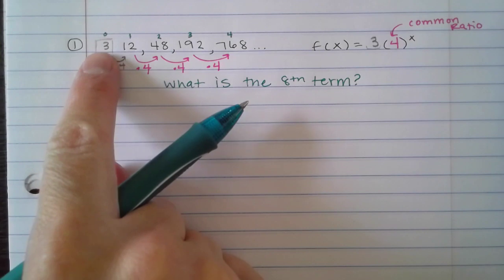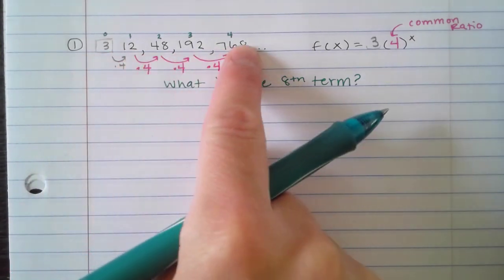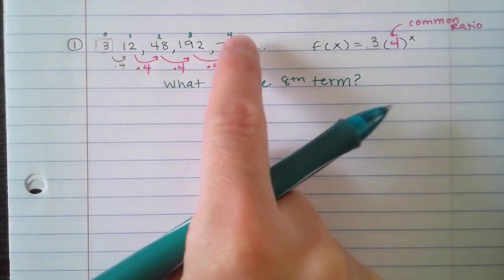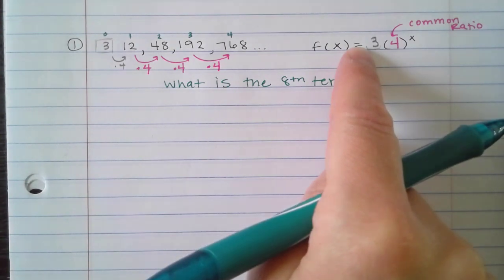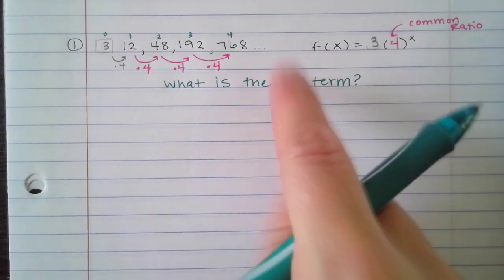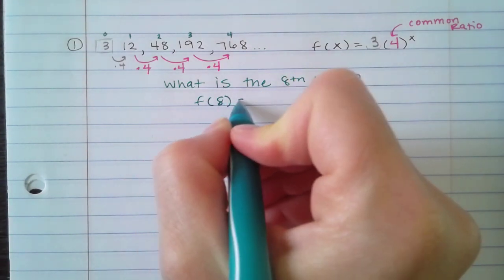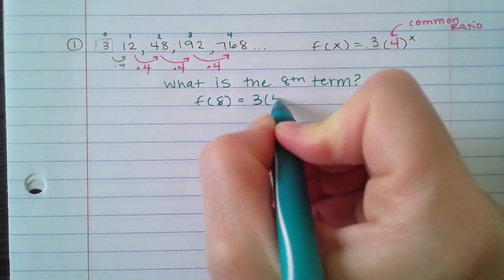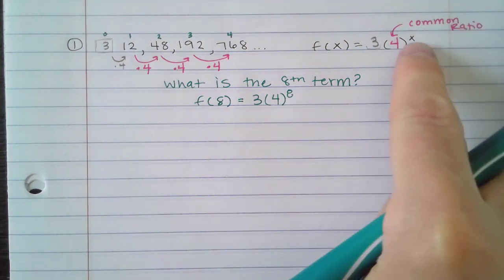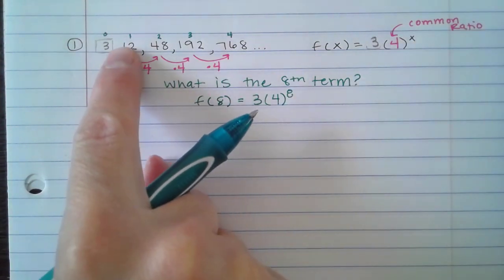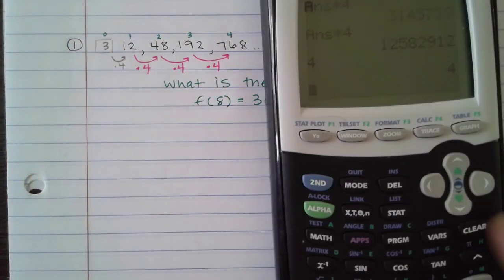And that is why we need to be able to go from a sequence to the function, because I can use that function to find the 8th term. How I do that is, instead of an x, I'm just going to plug in an 8. Do you see where there's an x? Because in my first term, if I plug in a 1, guess what I'm going to get?